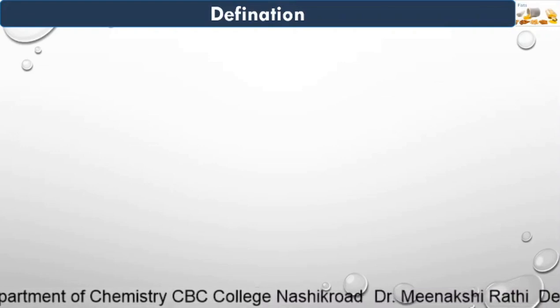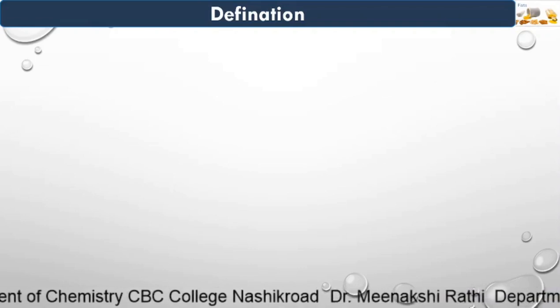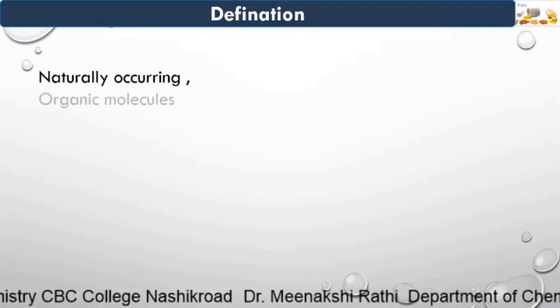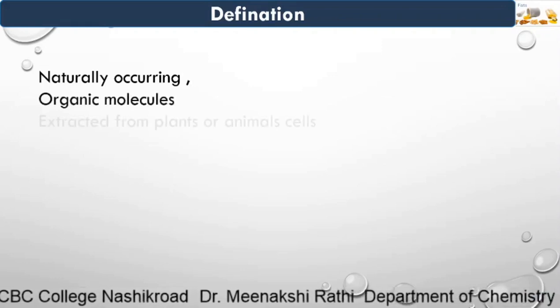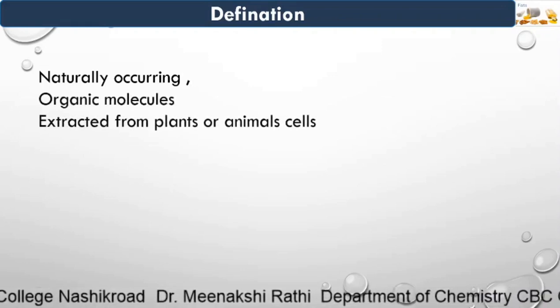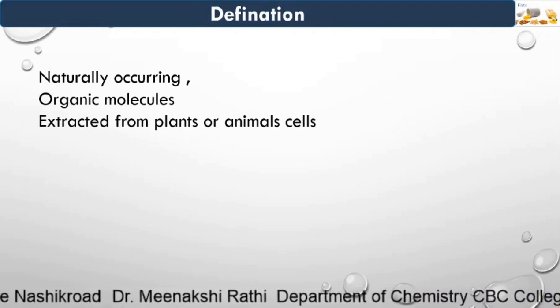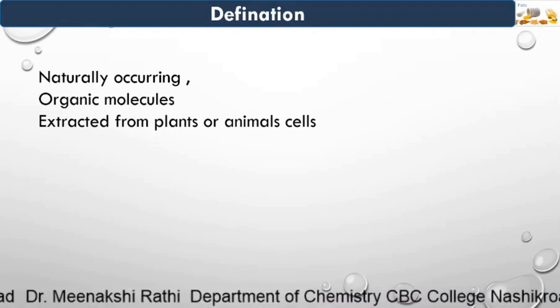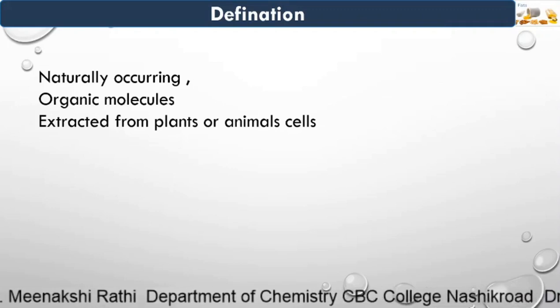As such, lipids are a heterogeneous group of compounds, and therefore it is rather difficult to define them precisely, but still we can say lipids are naturally occurring organic molecules which are extracted from plants or animal cells. I can give you one example of lipids: oils and butter or ghee.